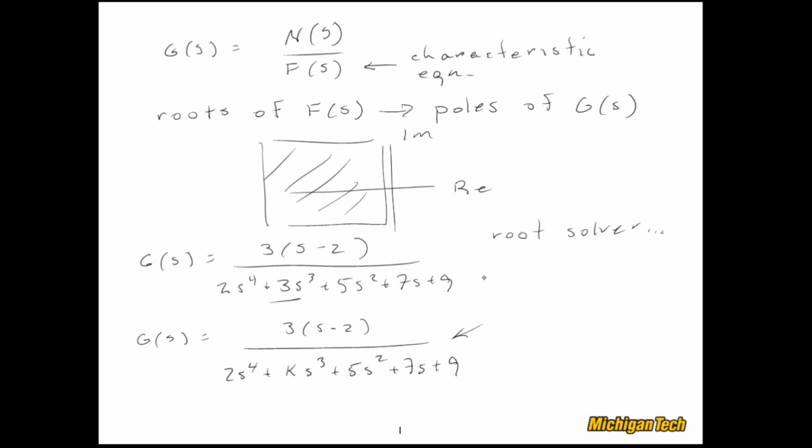And so now if the question was, determine the range of k for stability, well, a root solver would work. You could sit there and loop through a whole bunch of values of k to sort that out, or you could use the Routh array, which will be a little bit cleaner in some ways. So hopefully that gives you some motivation, and let's have at it.